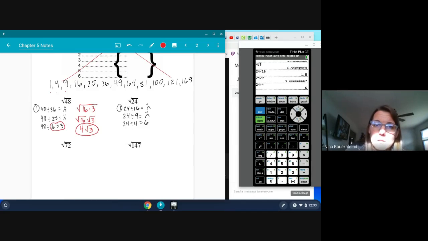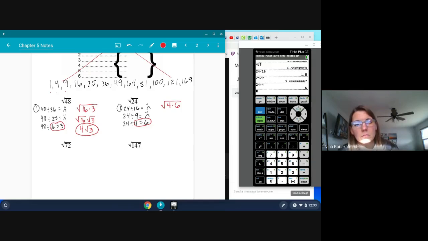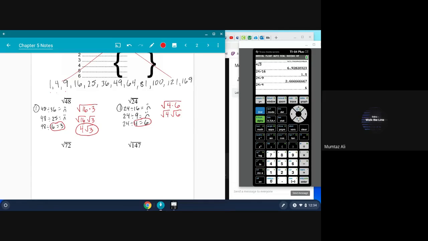So what we're going to do is step 2. We're going to rewrite 24 as 4 times 6. Then we're going to separate them. Square root 4 times square root 6. And what is the square root of 4? 2.